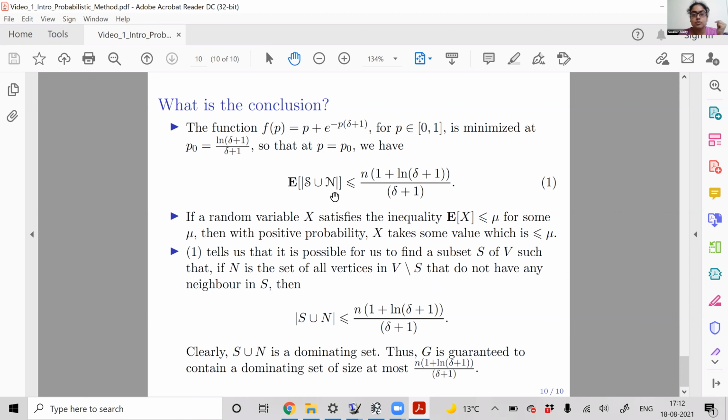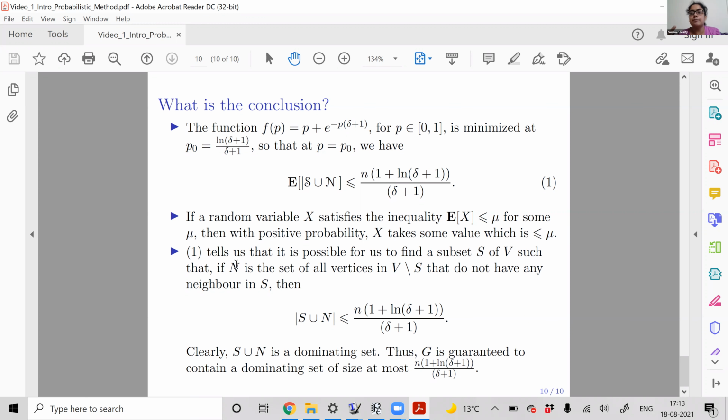Because of this inequality, we are guaranteed to be able to find such a subset S, and correspondingly this set capital N, which automatically falls out of capital S. Once you fix capital S, capital N will be determined for you.